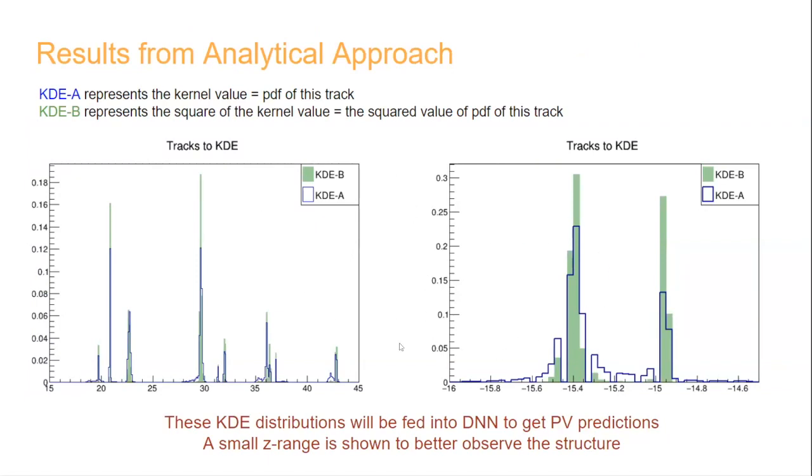Now we want to feed these KDE distributions into a deep neural network to get primary vertex predictions. In these graphs, only a small range is shown just to observe the structure.